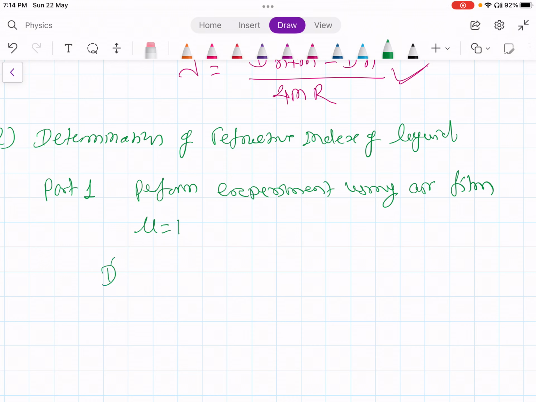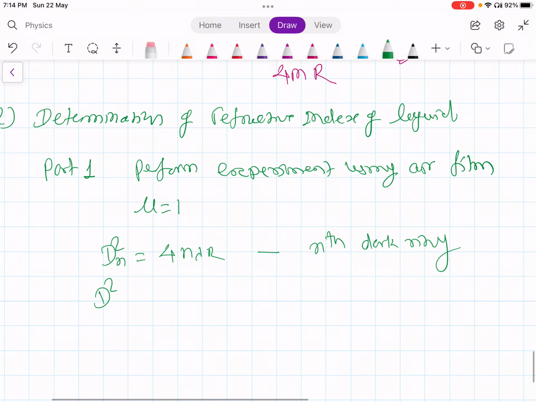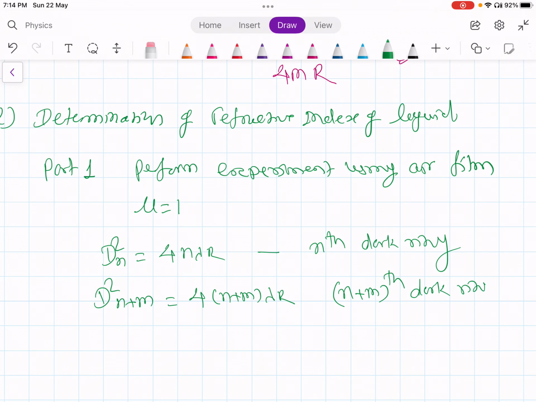So d square of the nth ring is equal to 4n lambda R. This is the diameter of the nth dark ring. Then diameter square of the n plus mth ring is equal to 4 into bracket n plus m into lambda R. And this is the diameter of the n plus mth dark ring.